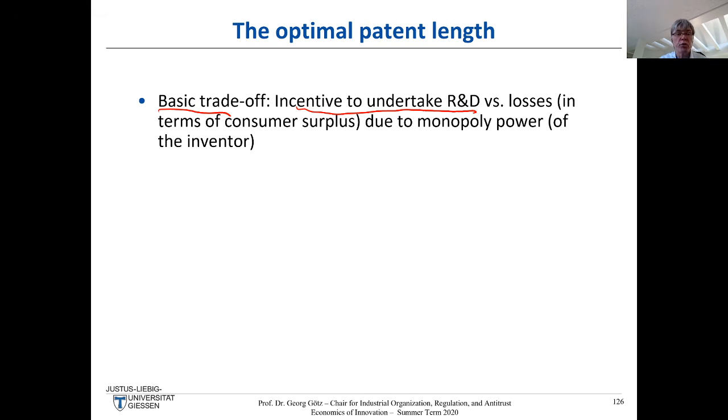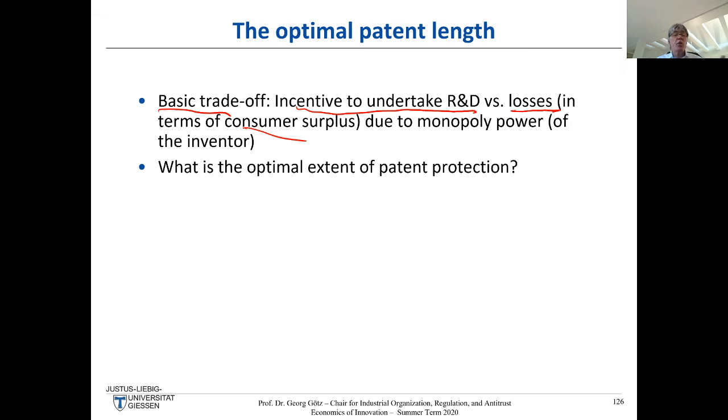You see, an automotive producer will undertake R&D, but a pharmaceutical company might not. So you need some R&D incentive, and that means you need some monopoly power. But at the same time, monopoly power means that you have a loss in terms of consumer surplus, and you have to trade off. So what is the optimal extent of patent protection? How many years should you have?